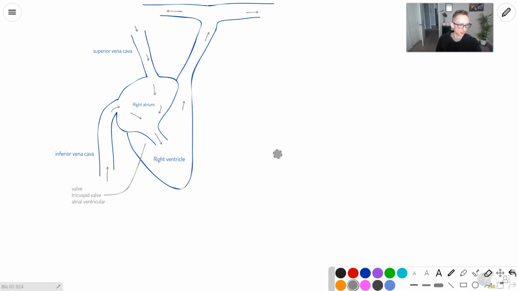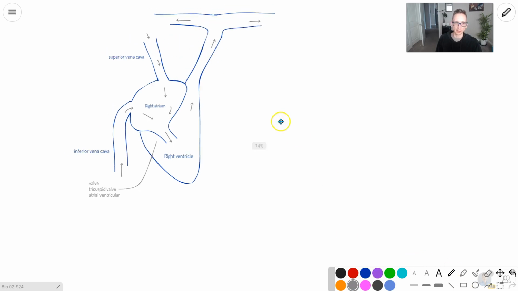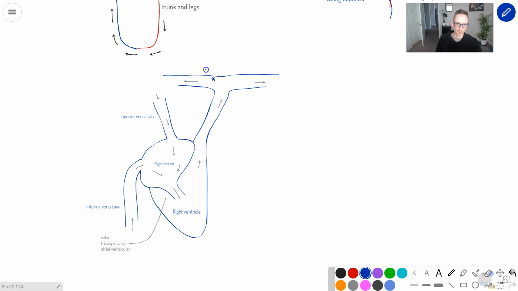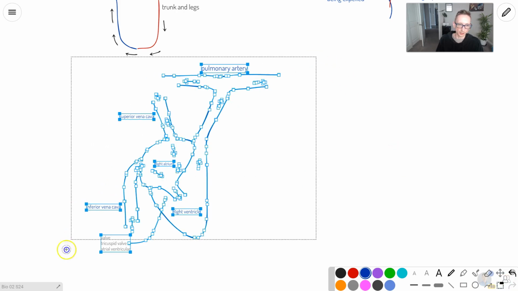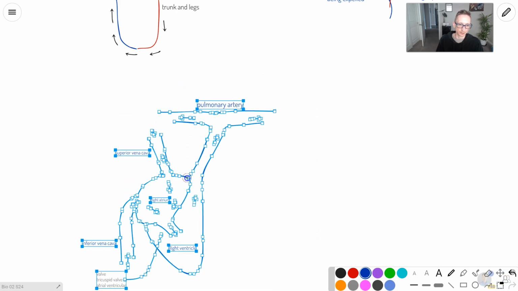This up here is called the pulmonary trunk. This is called the pulmonary artery. And you do have to know all of this, and there's a whole other half of the heart we've not touched yet.